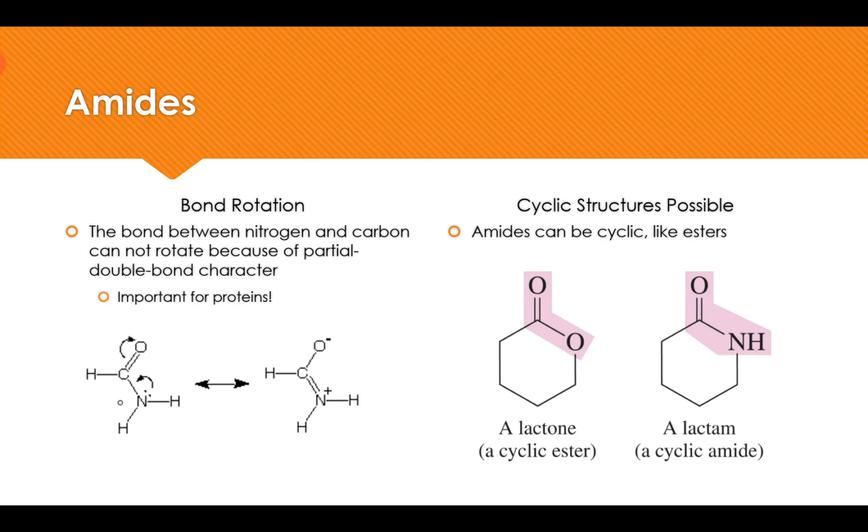We saw with our esters that there was this resonance structure possible between the nitrogen and the carbonyl carbon. And so we have the same type of issue with our amides. This is going to influence the ability for this bond here to rotate. This bond can't rotate.